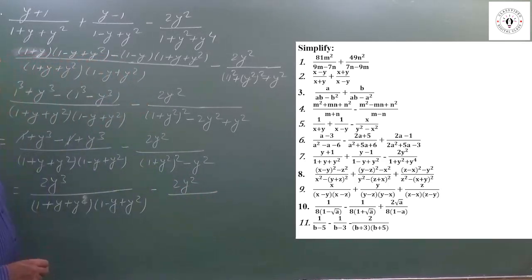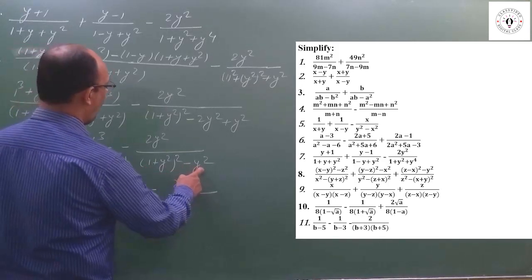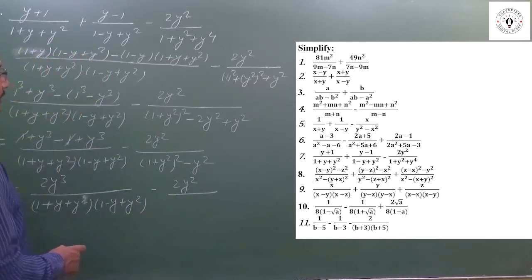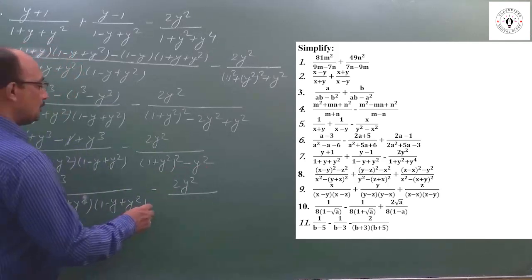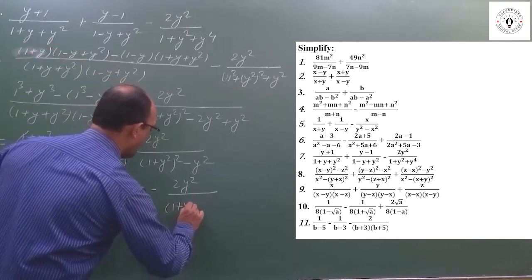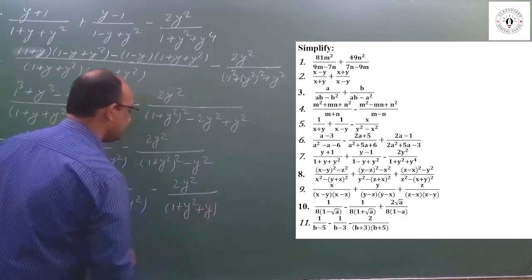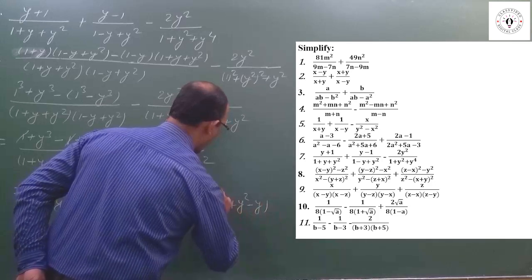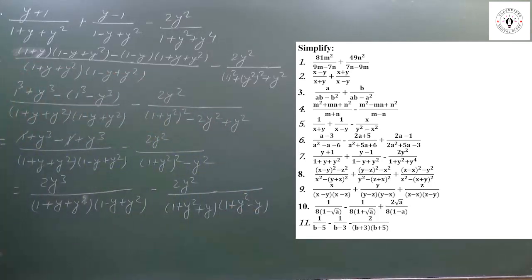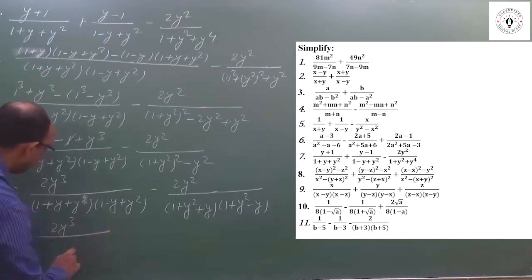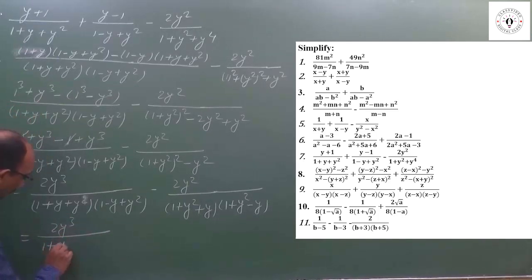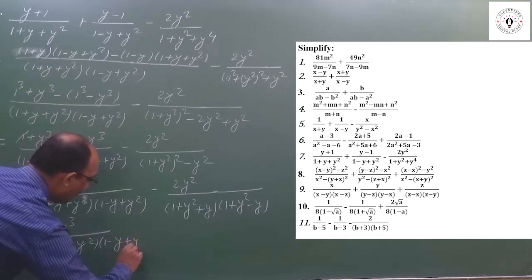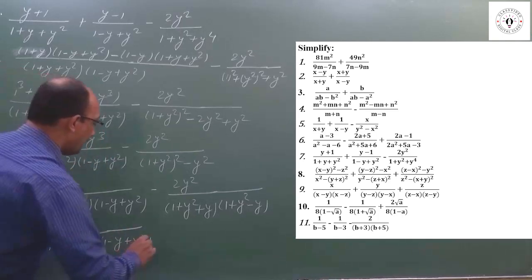If you suppose 1 + y² as a and y as b, then this is in the form of a² − b², which equals (a + b)(a − b), that is (1 + y² + y)(1 + y² − y). Now, first fraction as it is, 2y³/((1 + y²)(1 − y + y²)), minus 2y².